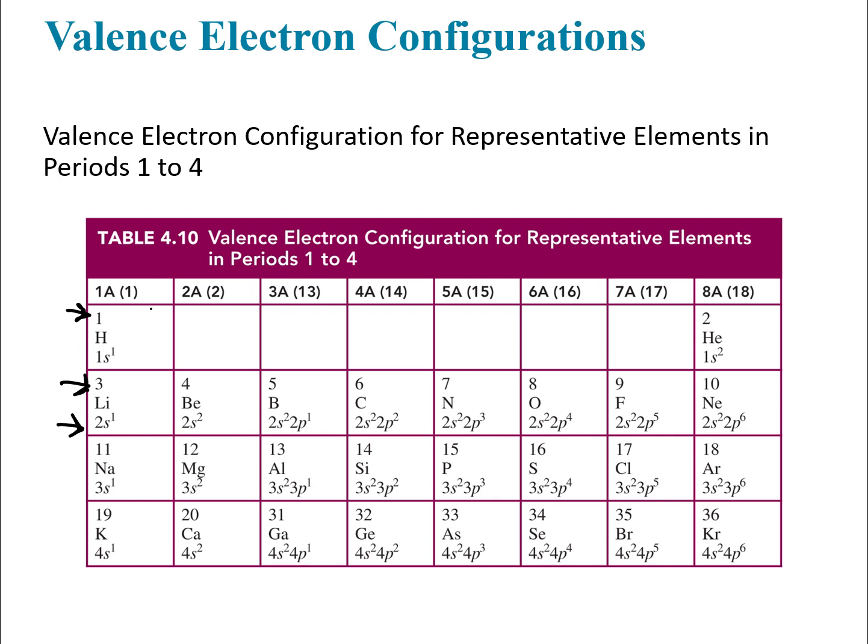Notice that in each group, it's always something and then S1. So this is a visualization of how each group has the same number of valence electrons.